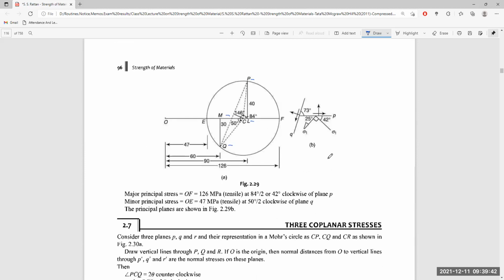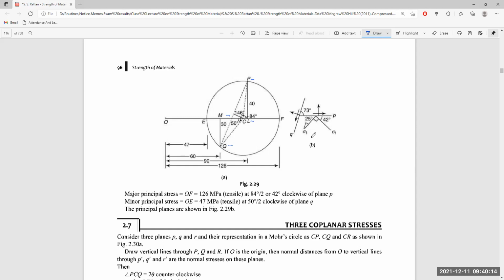The major principal stress OF can be calculated from O to this end, that is 126 MPa, at 84 divided by 2, 42 degrees counterclockwise of plane P. The minor principal stress OE is equal to 47.47 MPa tensile, at 55 degrees clockwise of plane Q. The principal planes are shown in the figure.